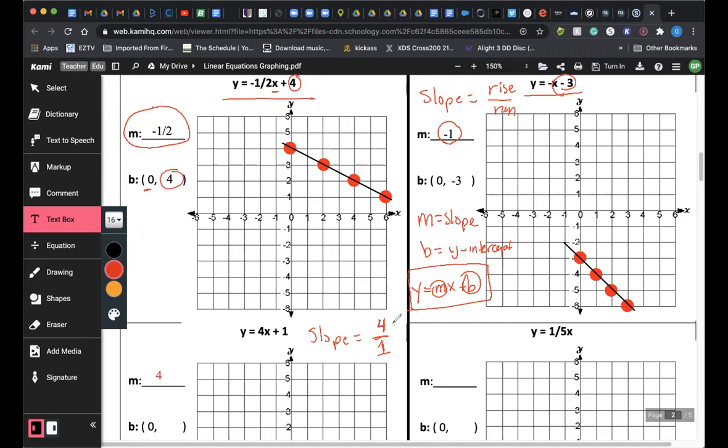So now I know that my slope, when I'm ready to make my next point, I have to go up by 4 and to the right by 1, okay? Rise over run. But first I have to know where I begin my graph. Where do I begin? And how do I know?